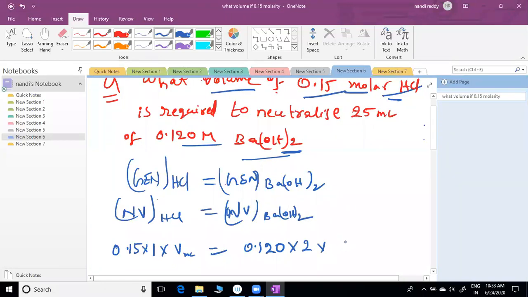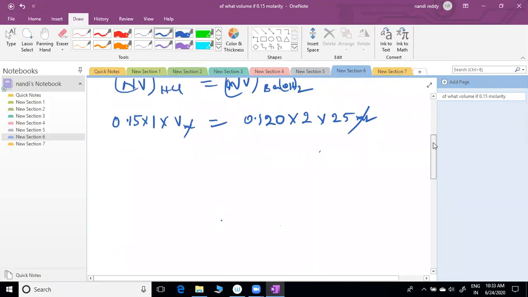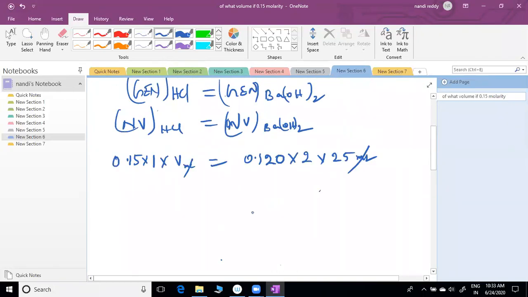How much volume is given? 25 ml. So ml will be cancelled. Then no need to convert to liters anything. Now calculate: what answer are we getting?